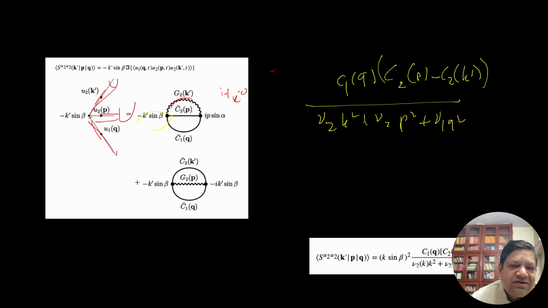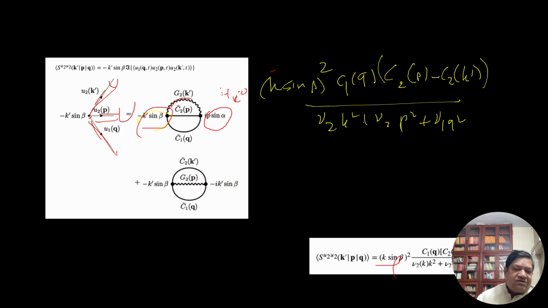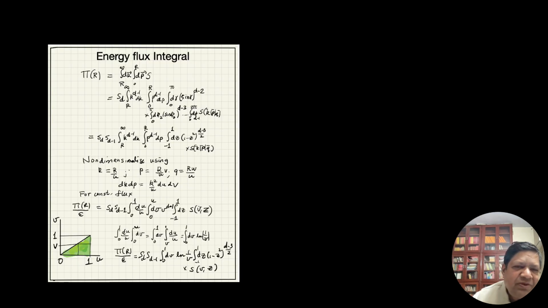These two guys, this K prime sin beta, then show that it is P sin alpha. Okay, so that's why you get K sin beta squared. Okay, so I can write this part as K sin beta squared. Okay, so this is U2, and we can see which is giving energy to whom.